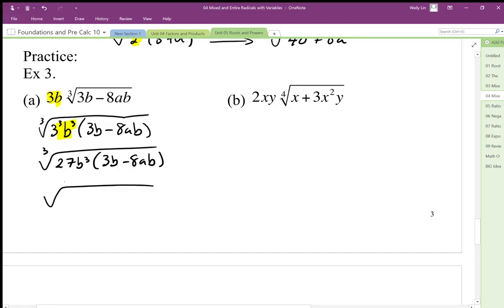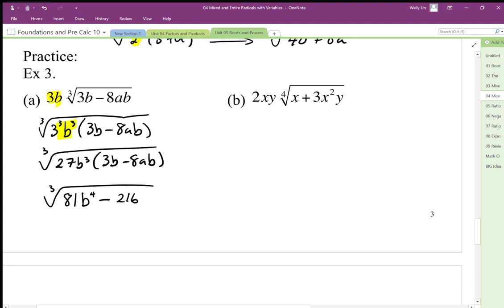Now, if I want to apply the multiplication, I need to distribute across that minus. Okay, so we do our distribution, 27 times 3, b cubed times b, minus, and then I do my distribution across the minus to the 8. 27 times 8, what's that going to be? 216, I think it is.